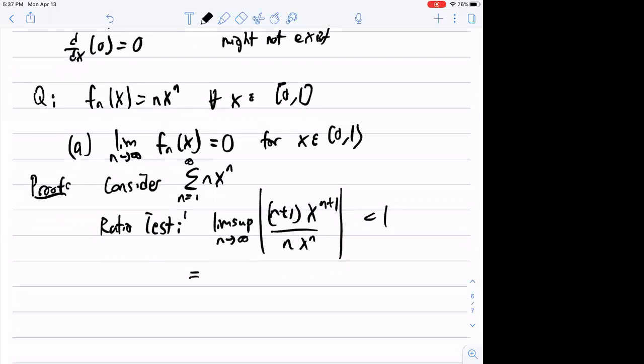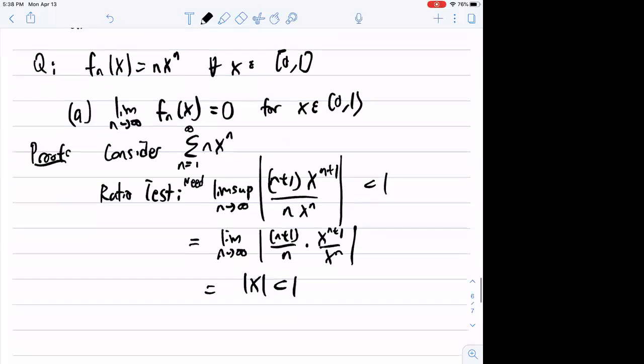So here, the limit exists. Let me just write the limit, because we all know what the limit of n plus 1 over n is. It goes to 1, right? So this just means the absolute value of x is less than 1.